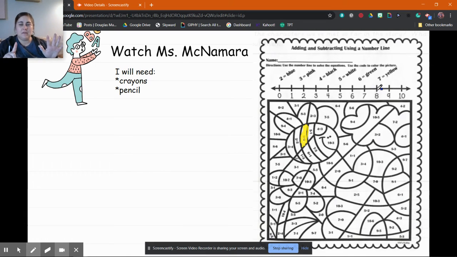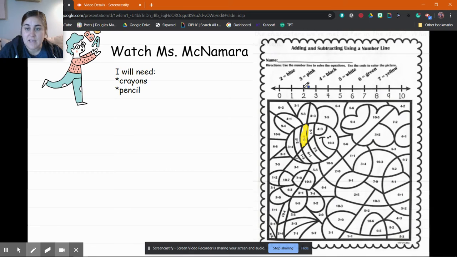If I'm taking away, my number is going to get smaller. So I'm going to go this way on the number line, and I need to move 6 spaces. So 1, 2, 3, 4, 5, 6.